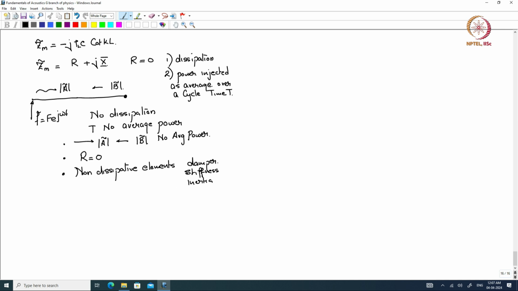So, the non-dissipative elements, that means no damper, the stiffness and inertia will be present. Okay. So, the forcing agent is saying that there is no R, R is equal to 0. Why? Because A tilde magnitude is equal to B tilde magnitude, no average power, and therefore R is 0. However, the other elements are there, stiffness and inertia, and therefore the X part will be there, and so that is j times minus rho L c cot kL.